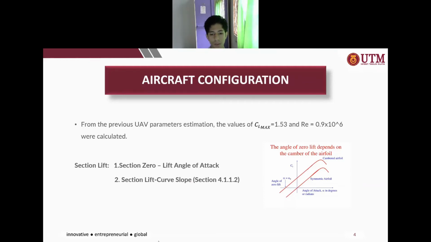So in project 1, we calculated various UAV parameter estimations which are in an acceptable range, and then by using the formula in project 2, we are able to calculate the maximum lift coefficient of 1.53 and Reynolds number of 0.9 times 10 to the power of 6. For the section lift, there are two parts: the section zero lift angle of attack and the section lift curve slope.